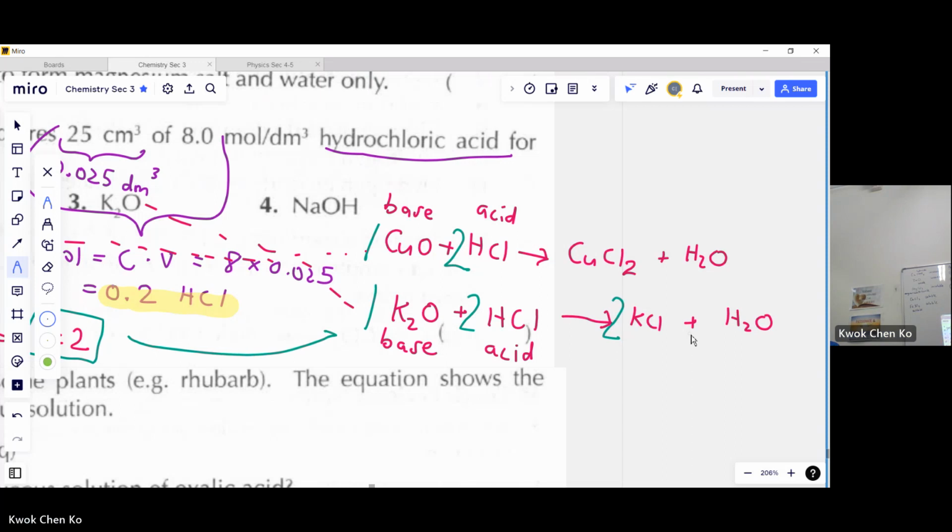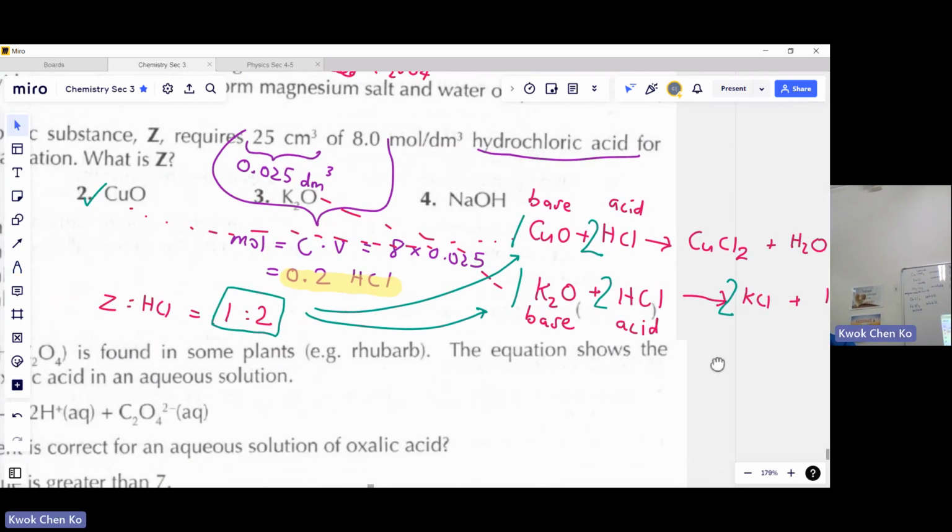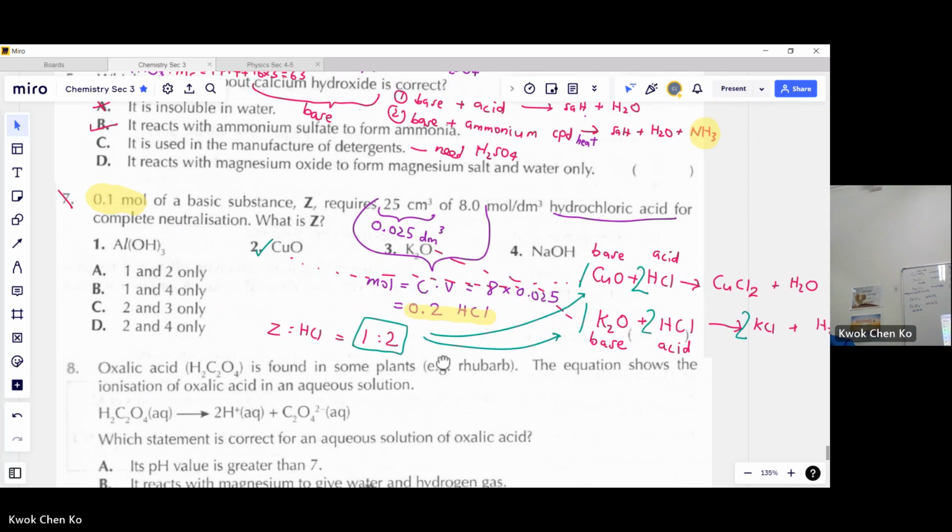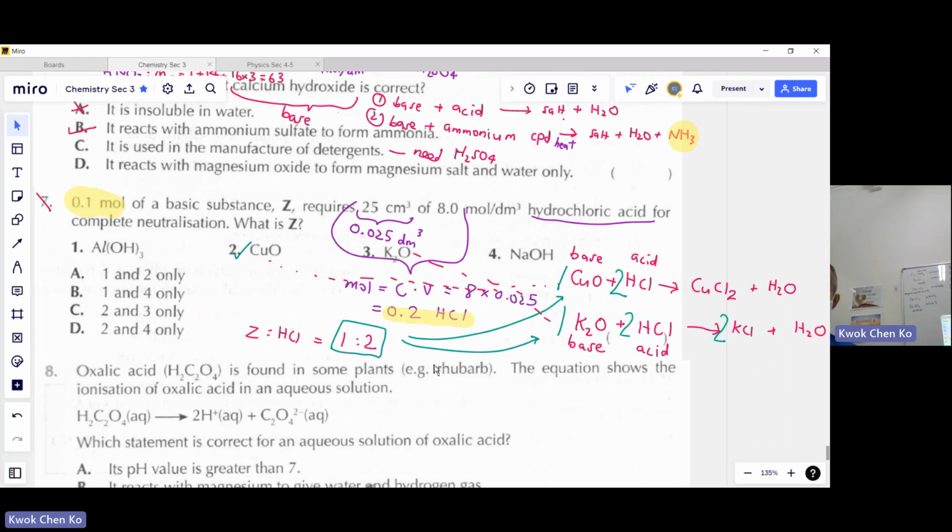Yes. All right. 1 potassium oxide to 2 HCl. So you have your answer now. All right. So your answer is C, 2 and 3. Okay. Copper oxide and potassium oxide. Those are the two answers.